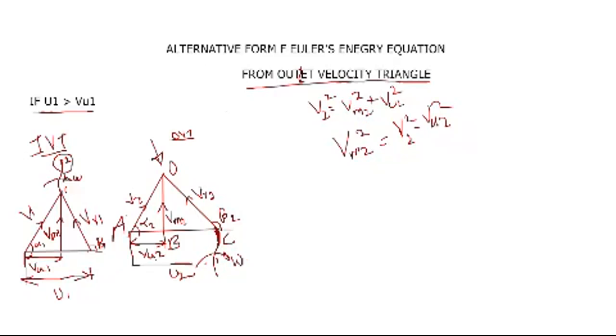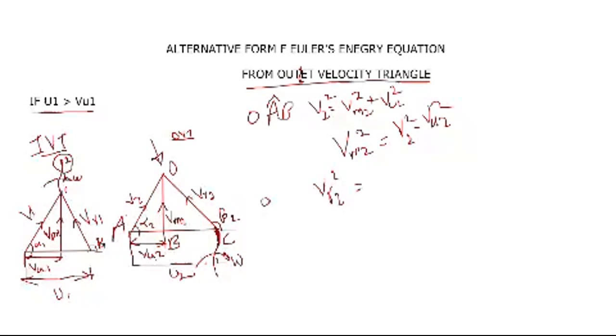Okay, next, Vm2 square. In the outlet velocity triangle, from OBC, this is OAB.